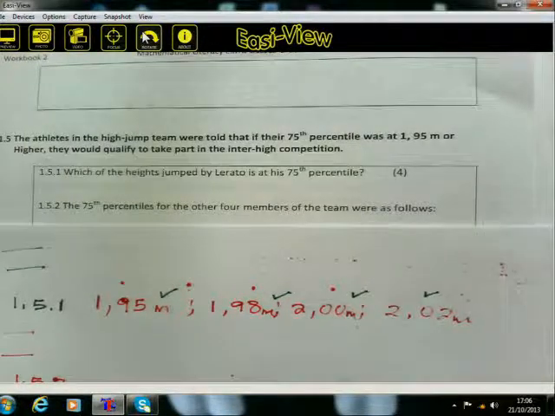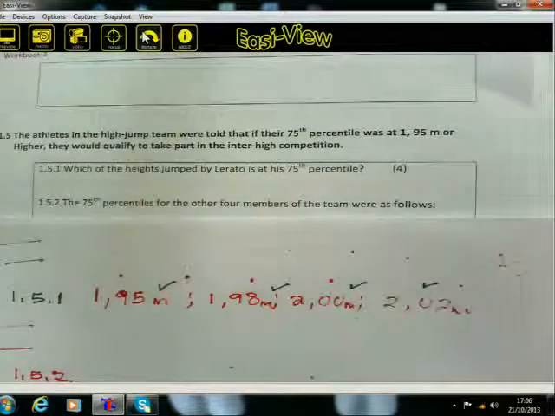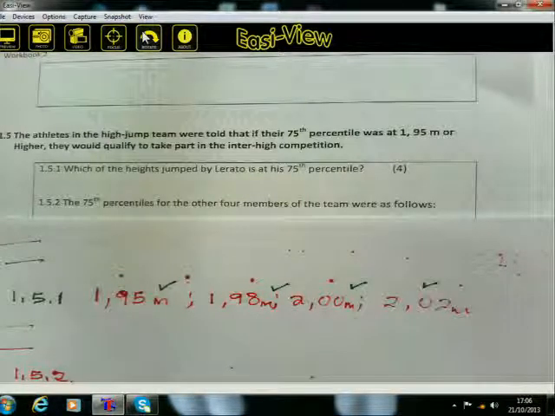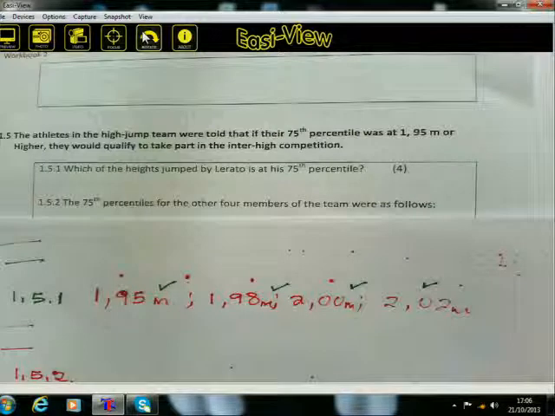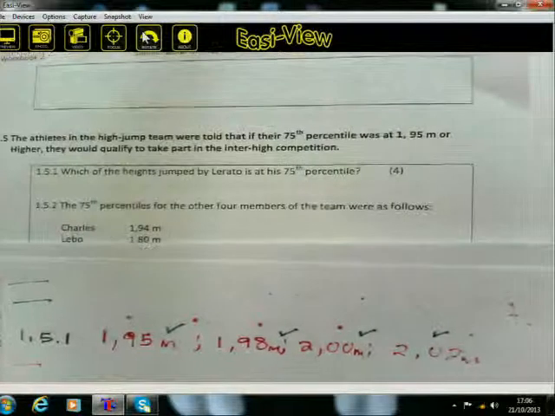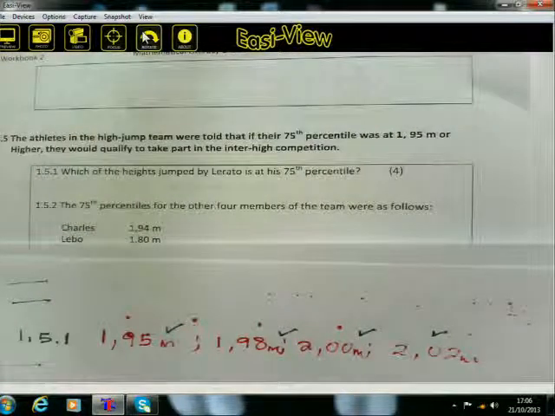Let us read the question. The 75th percentile for the other 4 members of the team were as follows. Charles had 1,94 meter.